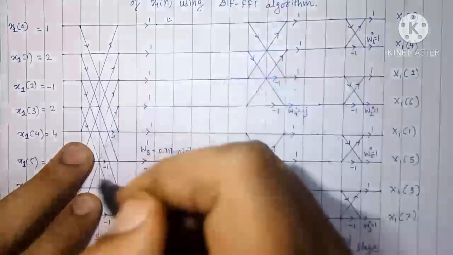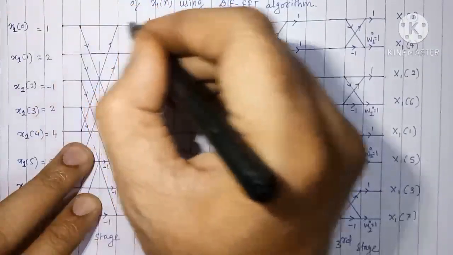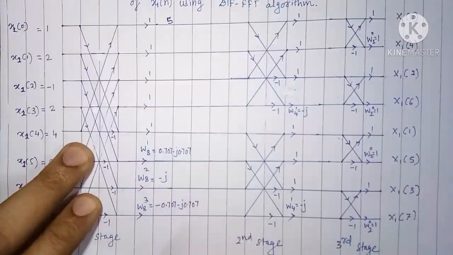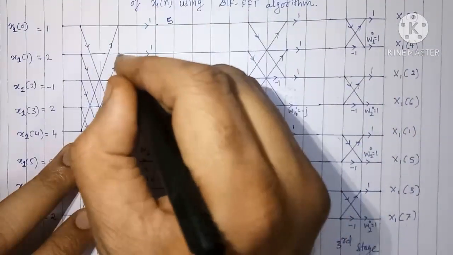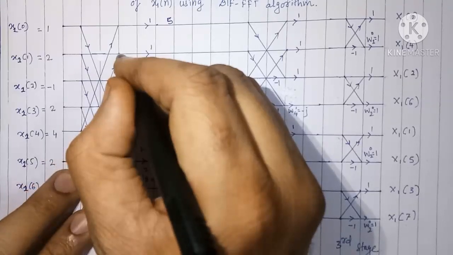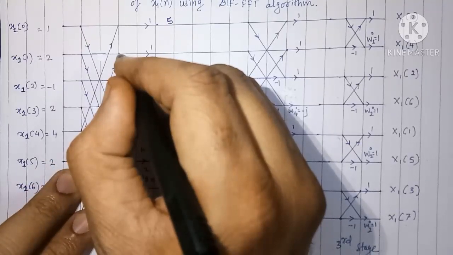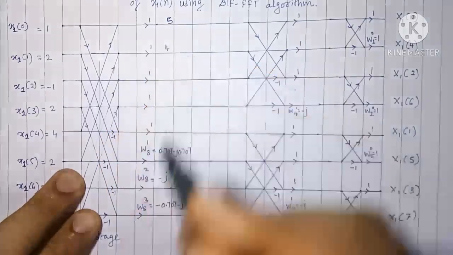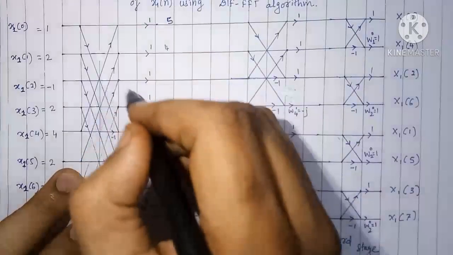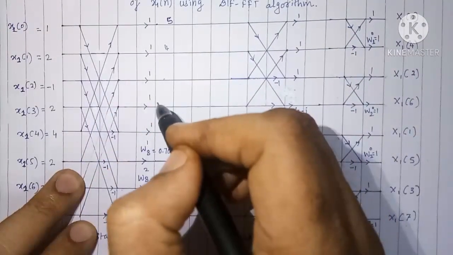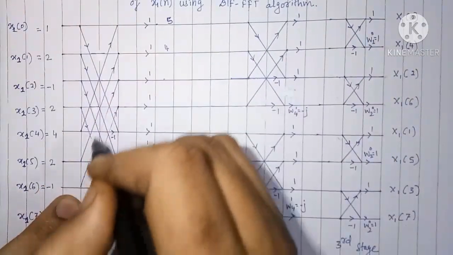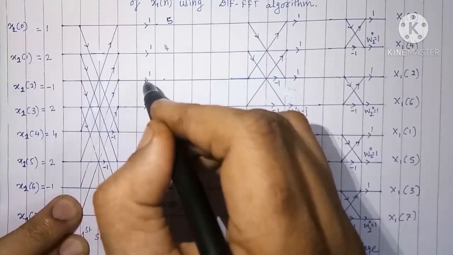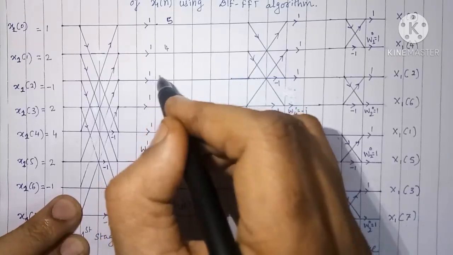At this point we will be getting 4 plus 1, 5, 5 into 1, 5. At this point we get 2 plus 2, 4, 4 into 1, 4, and here we will get 4. And at this point we get minus 1, minus 1, minus 2. Minus 2 into 1 is minus 2.